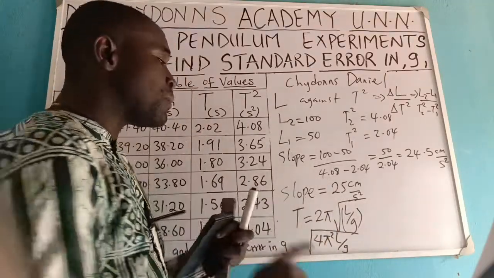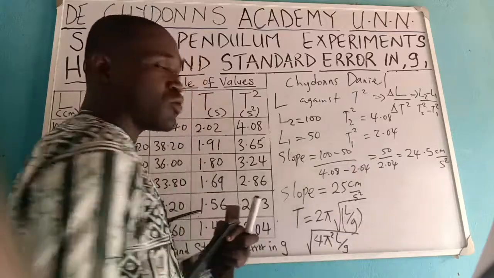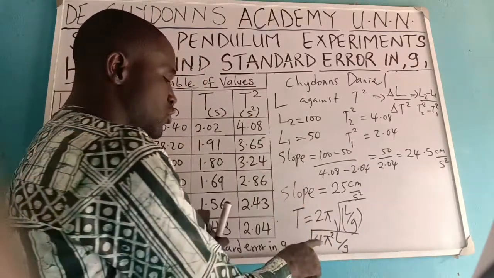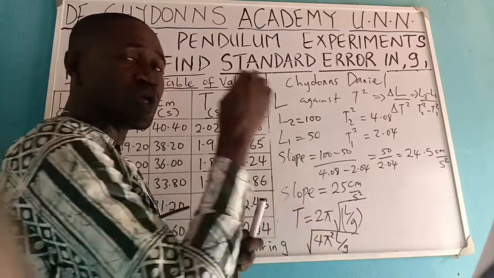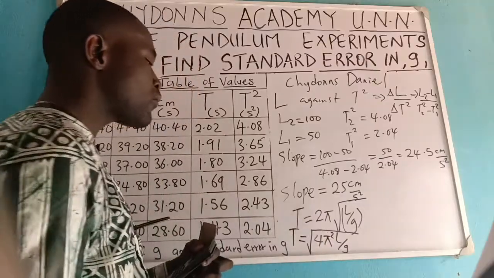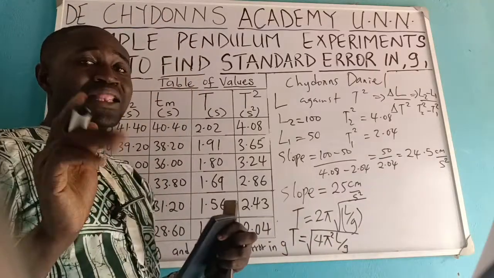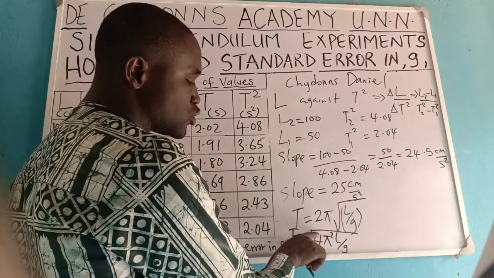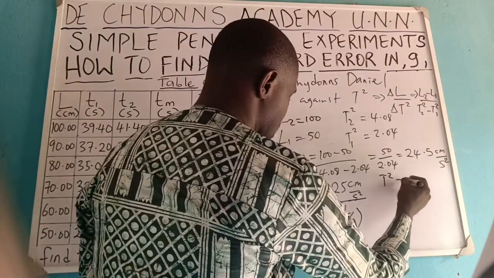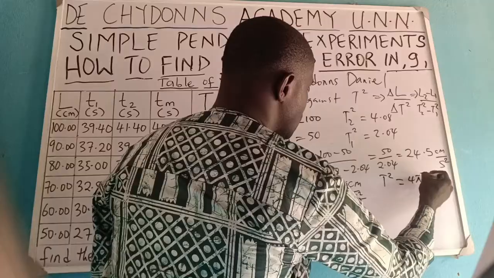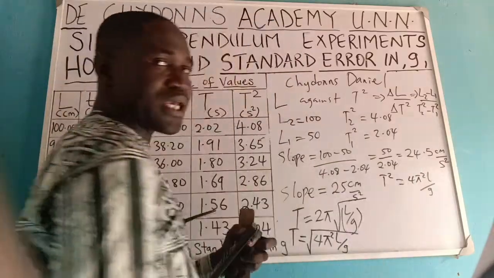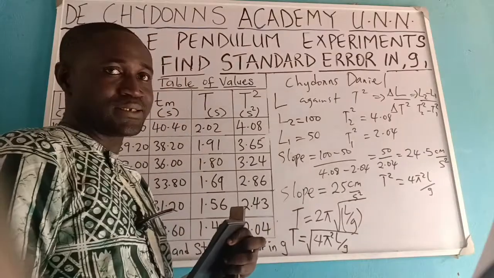So to carry 2 pi inside the square root, multiply 2 into itself, you have 4. Multiply pi into itself, you have pi squared. We say is equal to T. Now, in mathematics, when you remove the square root, you square the other side. We have T squared equals 4 pi squared L over G. We will no longer put square root again because we have squared the other side.